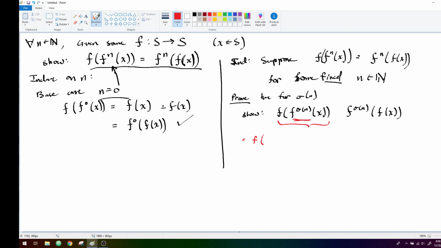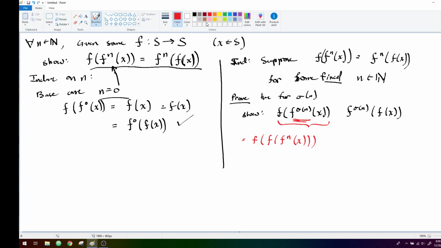Inside here, we're going to break down this term, f applied sigma n times. From our definition, this is going to be f applied to the result of applying f n times to x. Defining things recursively always forces us to say things in a very verbose kind of way.